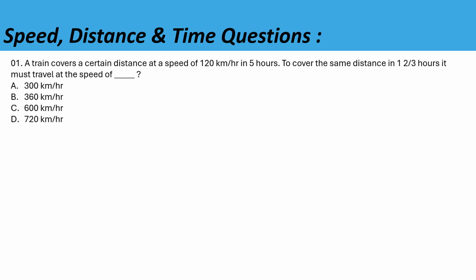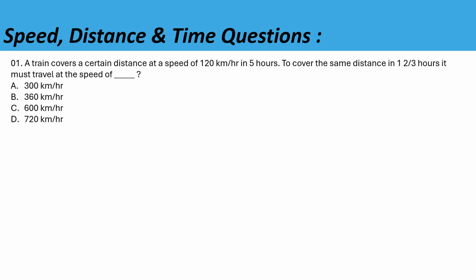So now let us discuss this first question. A train covers a certain distance at a speed of 120 km per hour in 5 hours. To cover the same distance in 1 and 2/3 hours, it must travel at the speed of dash. So now we have to find the distance traveled.